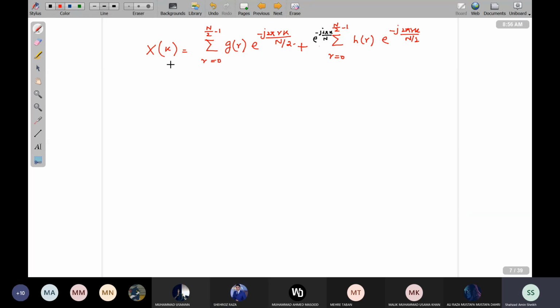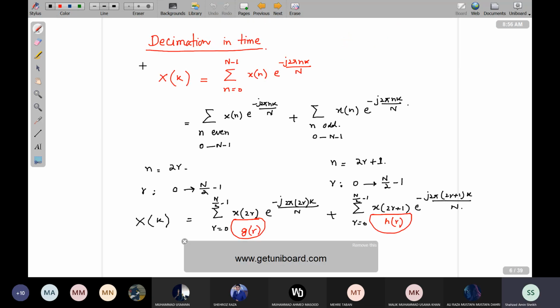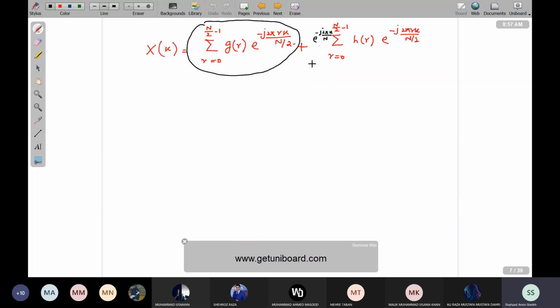Okay. Now, what's this? What is this? This is the n point DFT of x of n, and we have named it as x of k. Now, what is this?